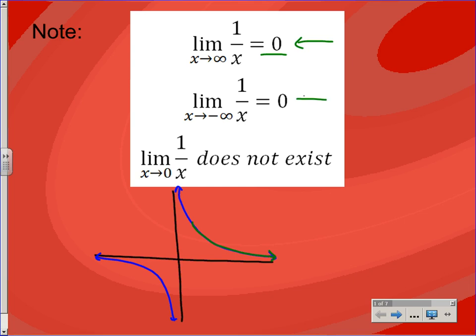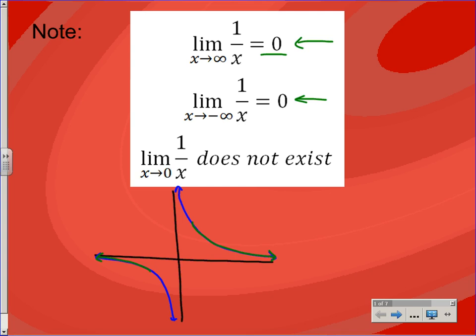Similarly, for the next one, x is now approaching negative infinity, so we're heading out this way. We've got exactly the same thing happening. The denominator is getting very, very large, but has a negative value, right? And we have to be careful of that. We have to be careful when we say large and small, right? The size, the scale of the number is very, very large, but it's also a negative number.